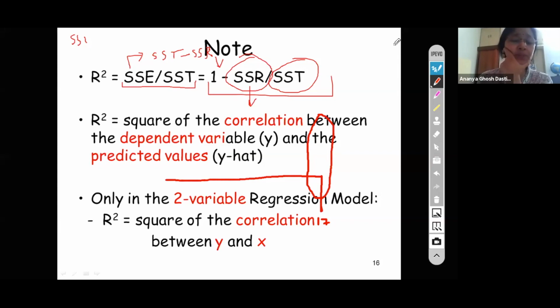Somebody anonymous is asking. Errors cannot be computed. Errors are unobserved. You can only compute the residuals, which are the difference between your dependent variable and the predicted values, y minus y hat.